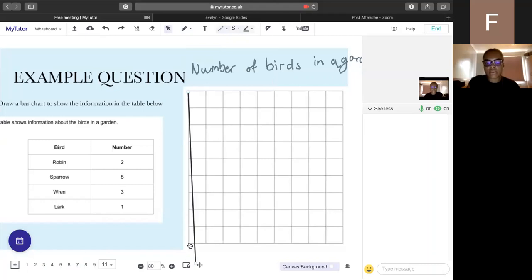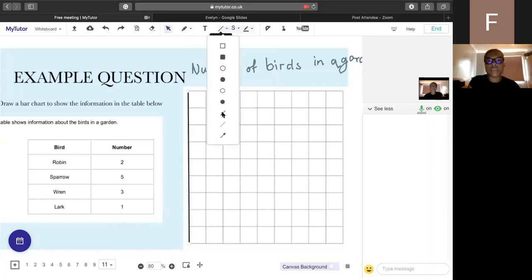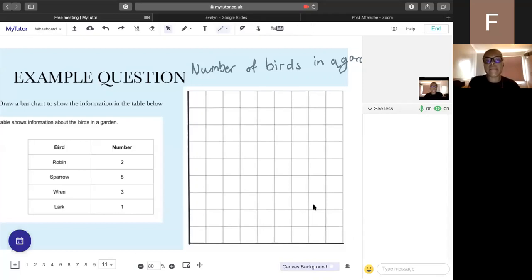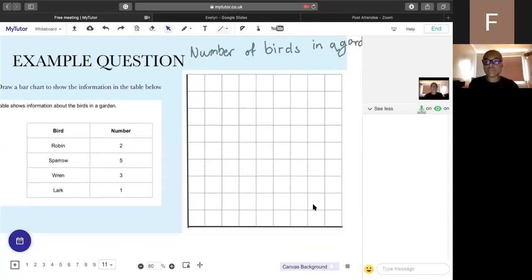And then we also draw our horizontal axis as well. And then we can go ahead and label it and give it a proper scale. So on our horizontal axis, we're going to have our categories. Frequency always goes on the vertical axis, yeah?